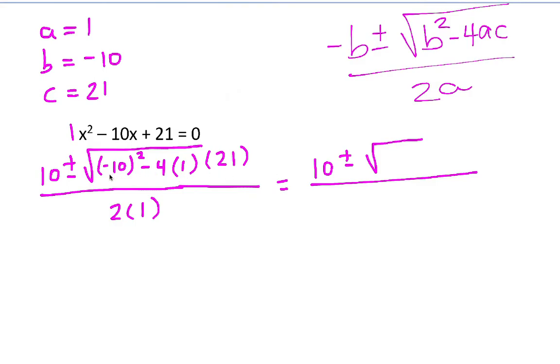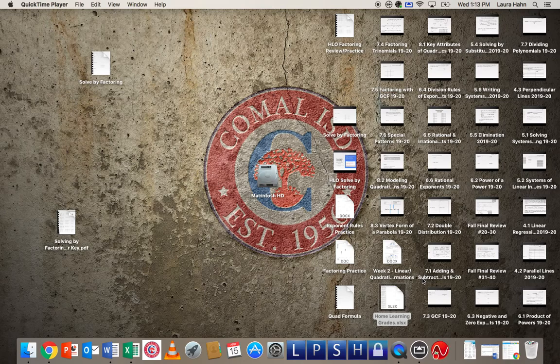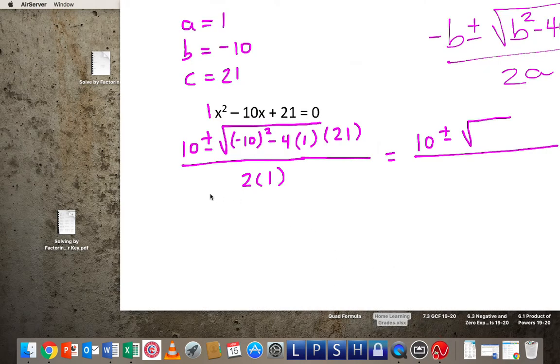So what I'm going to do is type this inside part only into my calculator to figure out what the inside of the square root simplifies to. Let's see if my calculator is up and running. It's not, I'll show you on the next one. But, okay, so what I'm going to do is type this into my calculator so I can see what the inside of that radical simplifies to.